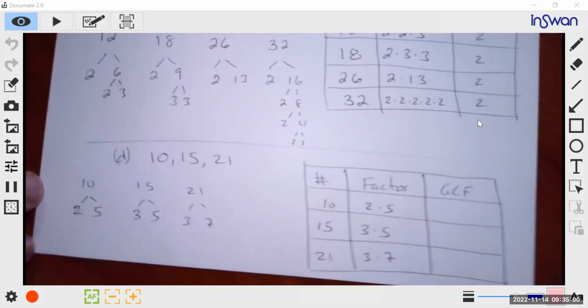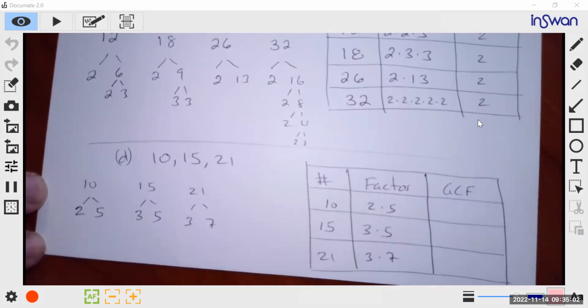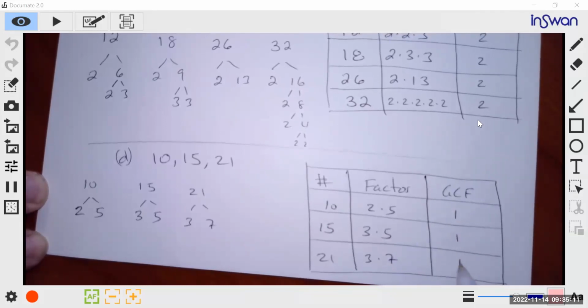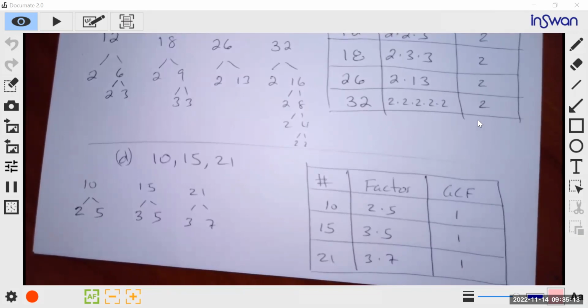So what's the GCF? You have to have something. What is in every number? Every number has a 1 as a factor.